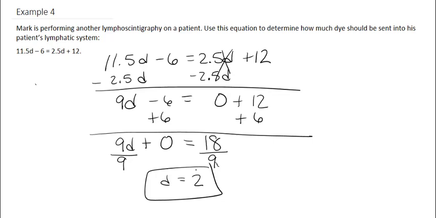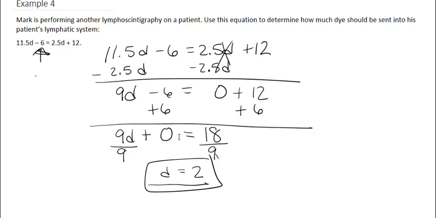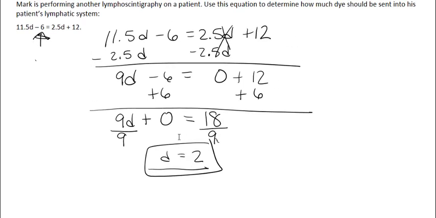If we want to verify that we got the correct solution, which is d equals 2, what we could do is plug in 2 for any time there is a d in this equation. So let's go ahead and do that real quick just to show that this is correct. So we have 11.5 times 2 minus 6 is equal to 2.5 times 2 plus 12.